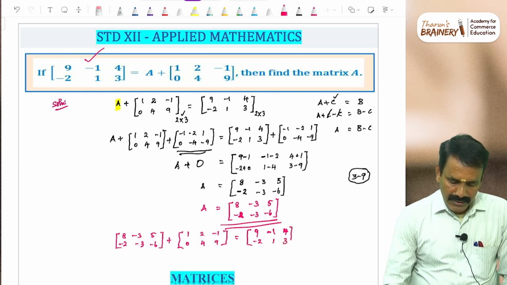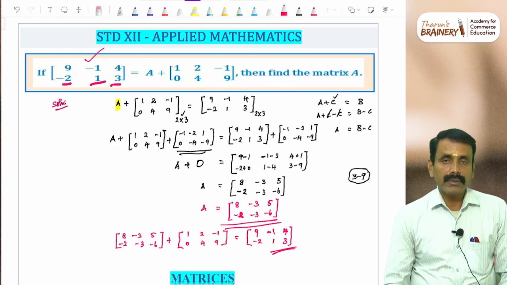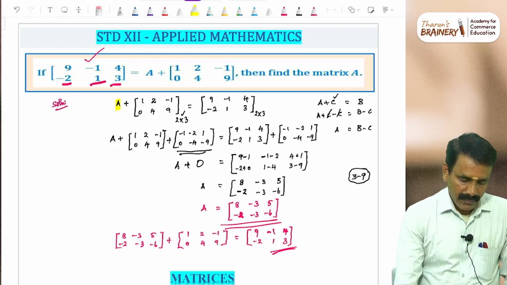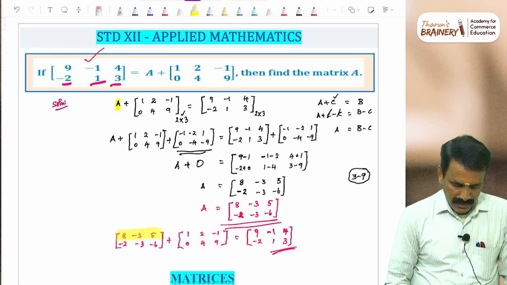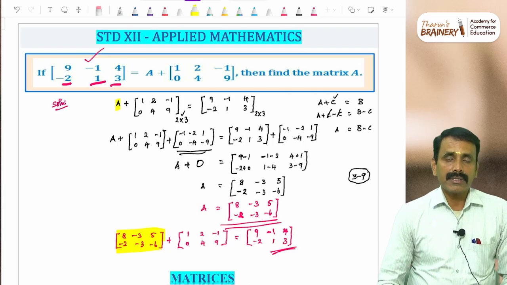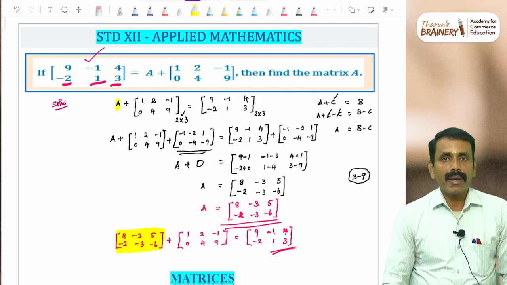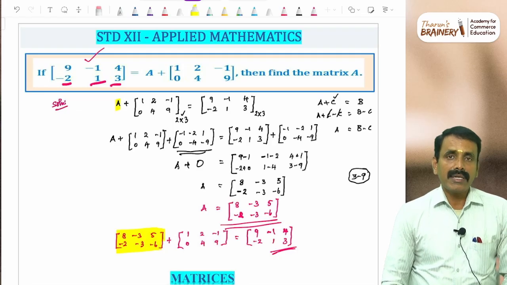Are you getting your left hand side or not here? 9 minus 1, 4, minus 2, 1, 3. We got it. So, this is the solution for A. So, we can solve the equations involving matrices also by addition and subtraction.